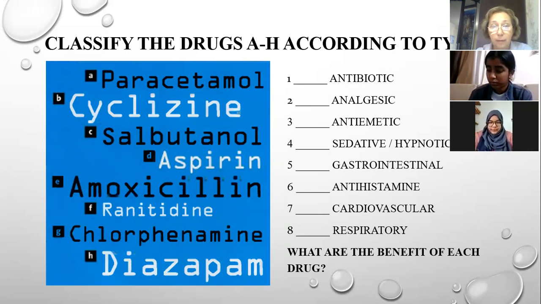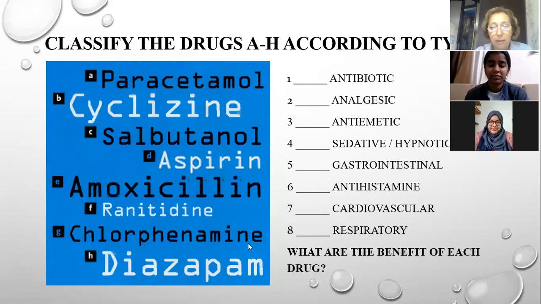So this is a very popular drug. Aspirin. Yes, aspirin. Vasodilator. And respiratory, it is salbutamol. Salbutamol, you're right. Okay, so how do you remember all these names? It's hard for me.